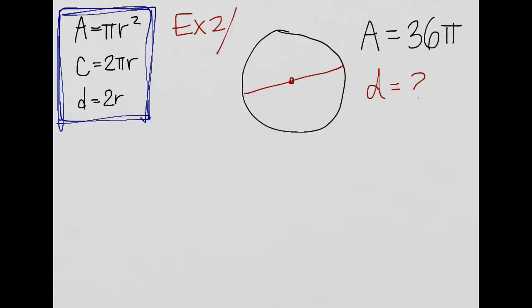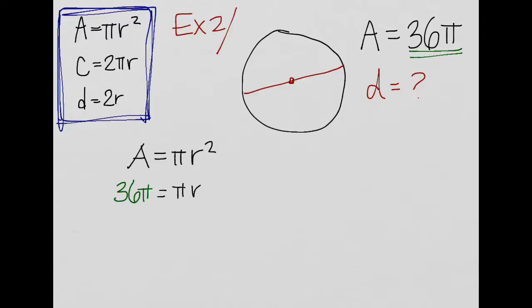Our first step is going to be to plug into our formula the information that we have. So here's our formula. I'm looking for a radius. I know what pi is. We'll leave pi as a number. So my area is actually 36 pi. I could plug that in on this side in place of area. Substitution, okay?